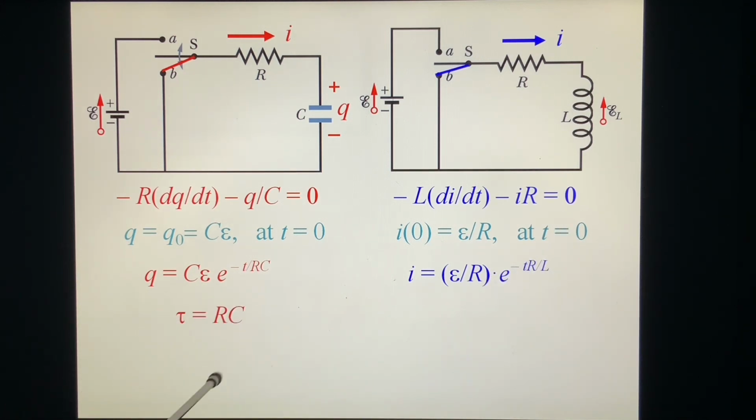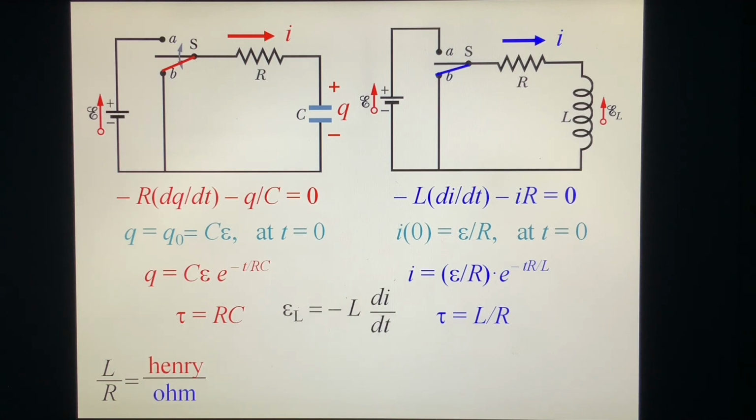The capacitive time constant tau equals RC. This time constant is L over R. Now we prove L over R has a dimension of time, a second. The unit of L is Henry, R is ohm. From this equation, we see that Henry times ampere equals volt times second, so volt second equals Henry ampere.